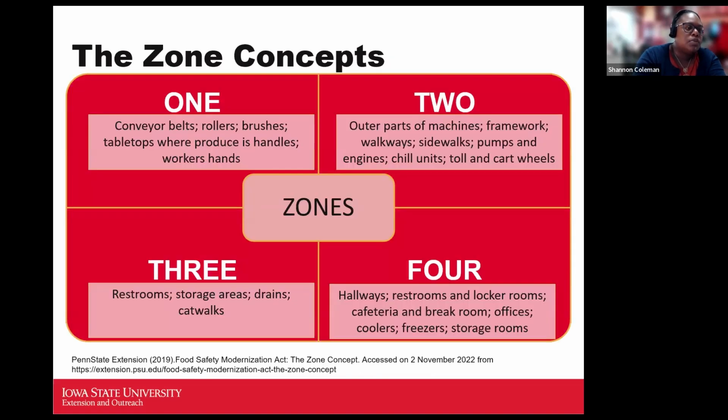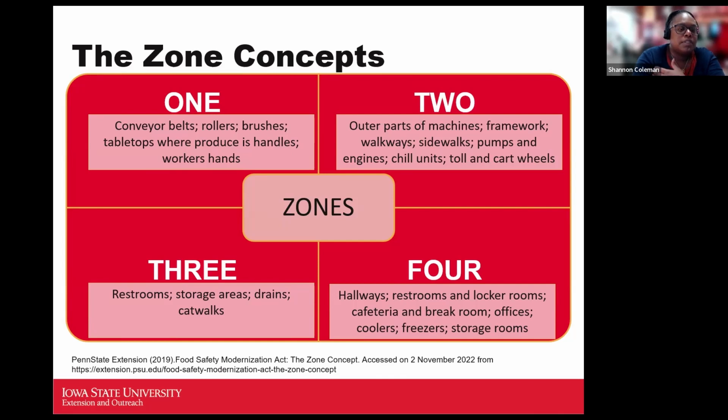And all of this relates back to what we call the zone concept. The zone concept is a term used in the food industry that divides the food packing and processing operation into 4 zones based on the level of risk of contamination and exposure.